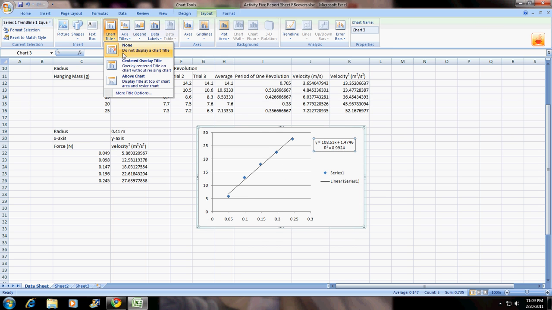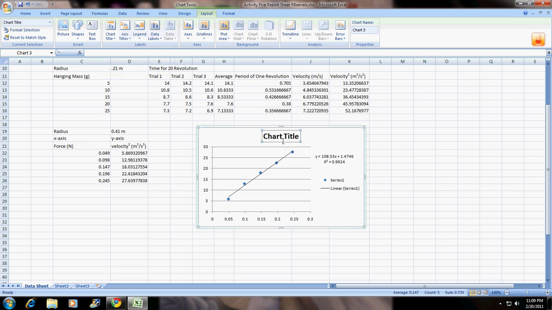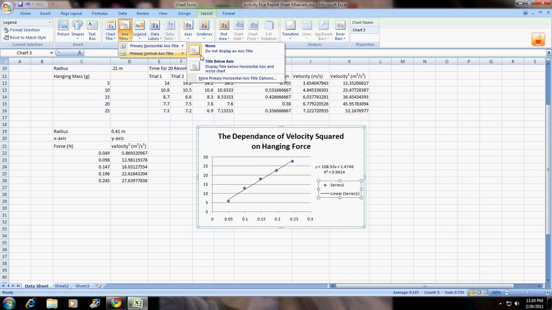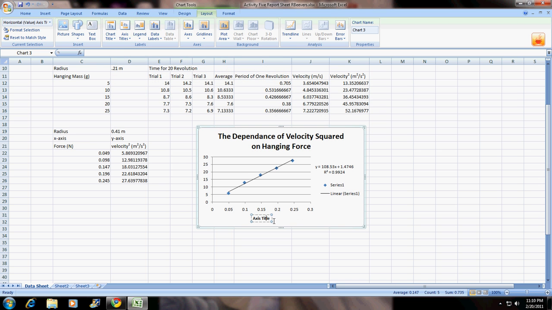Okay, chart title is going to be the dependence of velocity squared on hanging force. Okay. And I am going to add my axis titles. This is the hanging force.